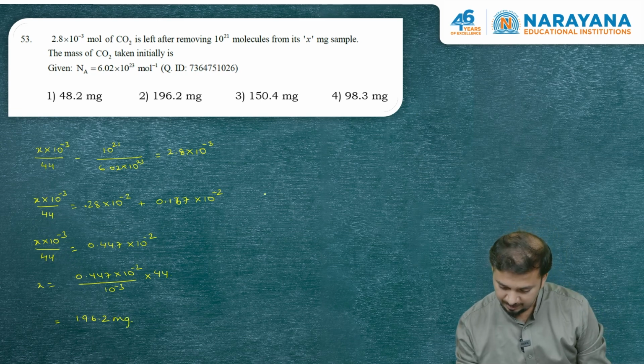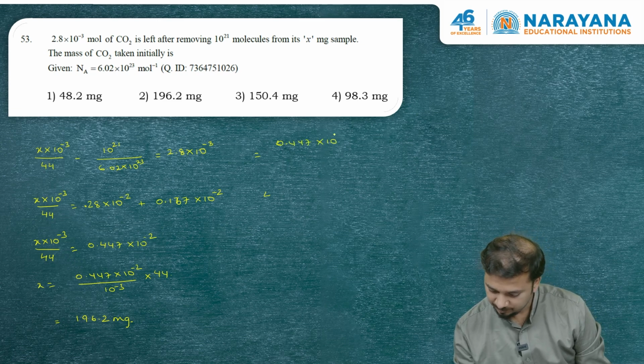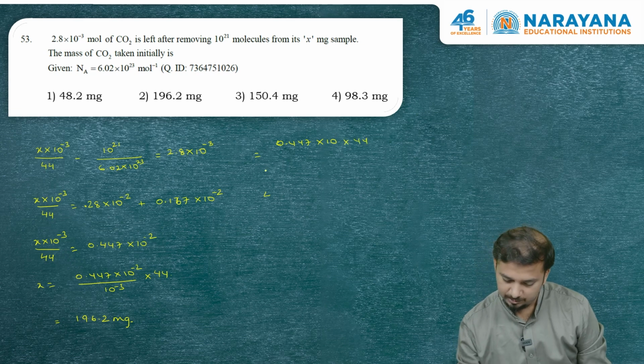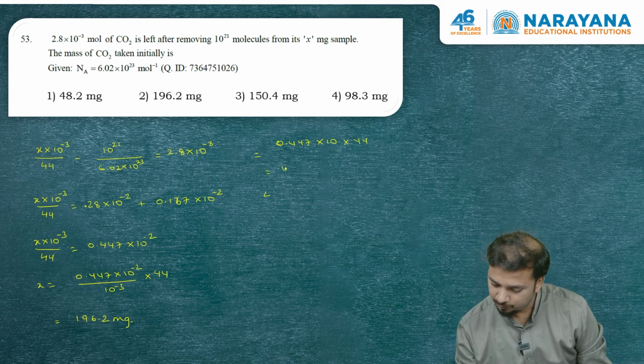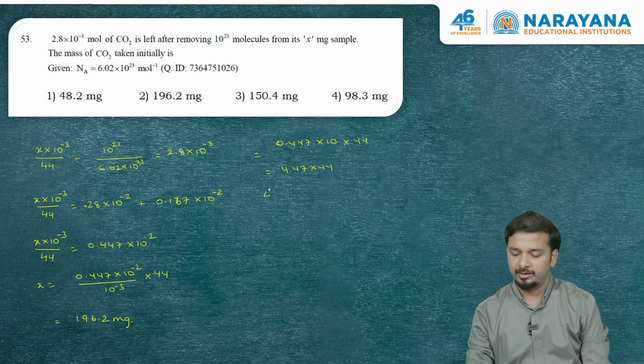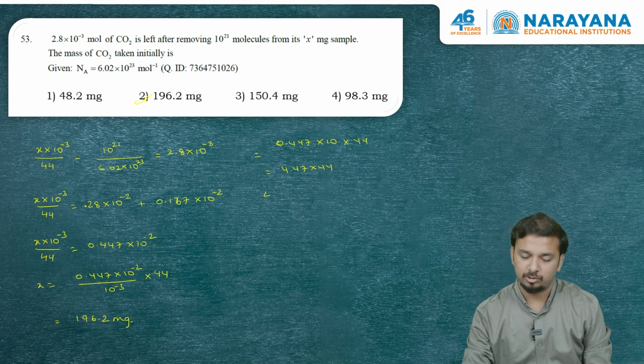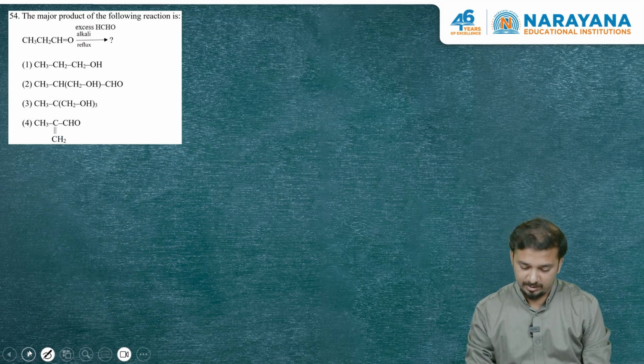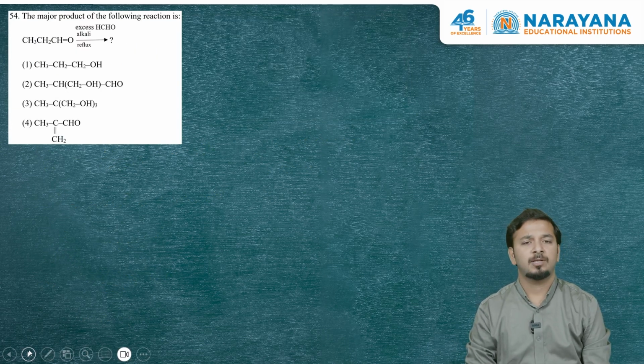So this will become equal to 0.447 into 10 raised to the power 3 minus 2, that is 1, into 44. So we can multiply 4.47 into 44. So that is approximately 196.2. So the correct answer for this question is option 2. If you see the next question, the question is: the major product of the following reaction is.